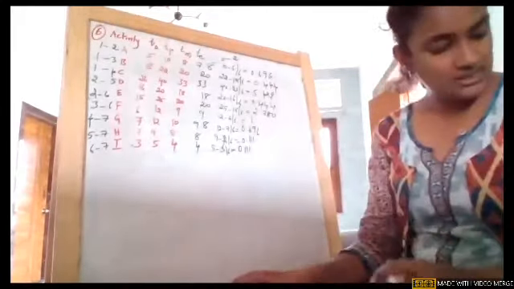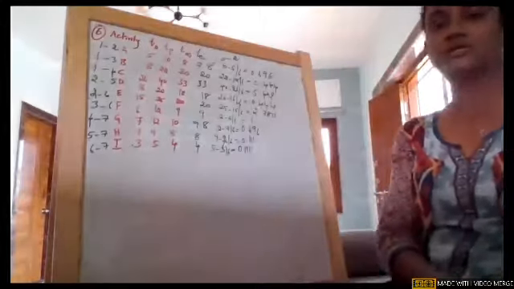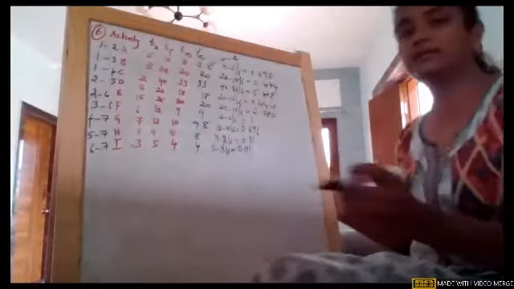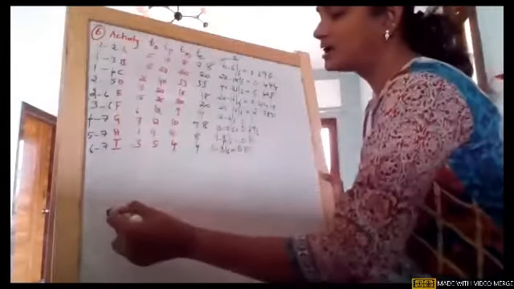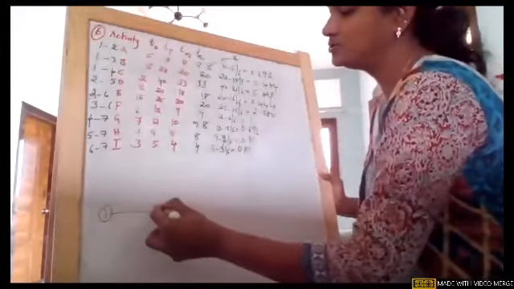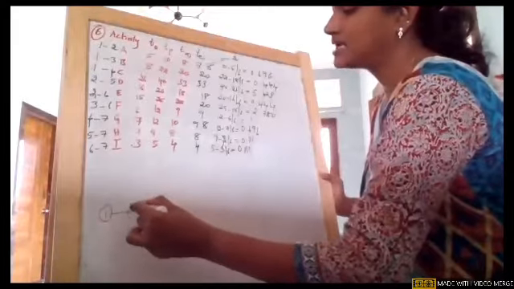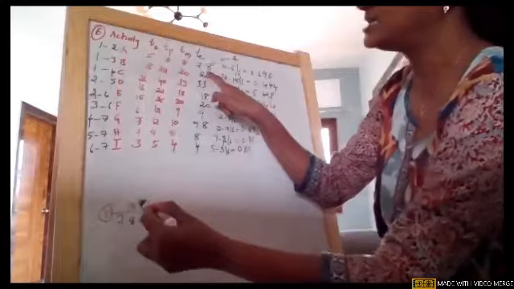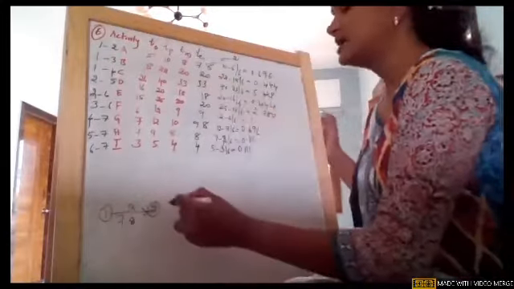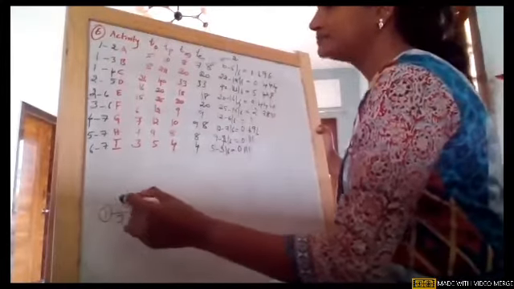Now the second question is the earliest and latest expected completion times of each event, and the third question is the critical path. Second and third, we will do together. First, we will start constructing the network. 1 to 2 is activity A, and the duration is 7.8. Remember, the duration we need to write immediately.